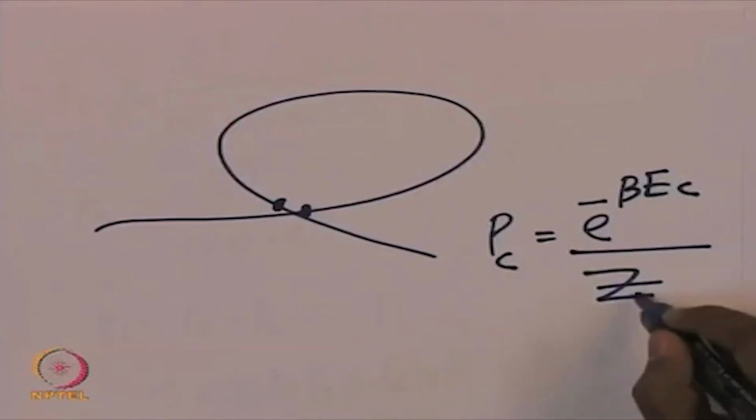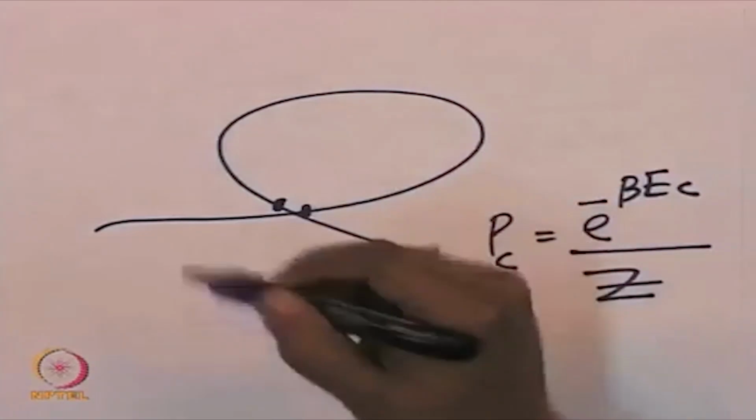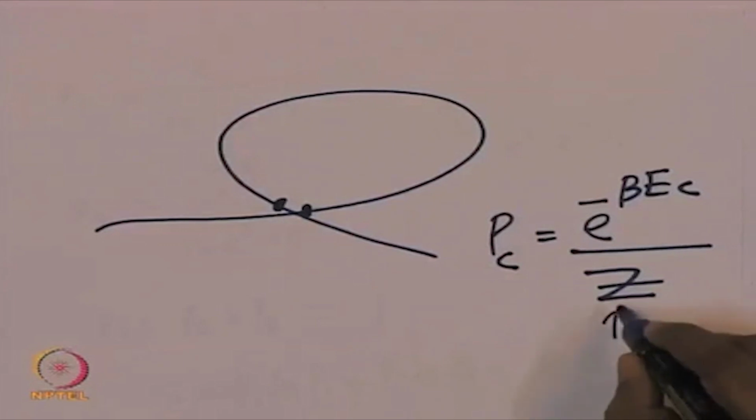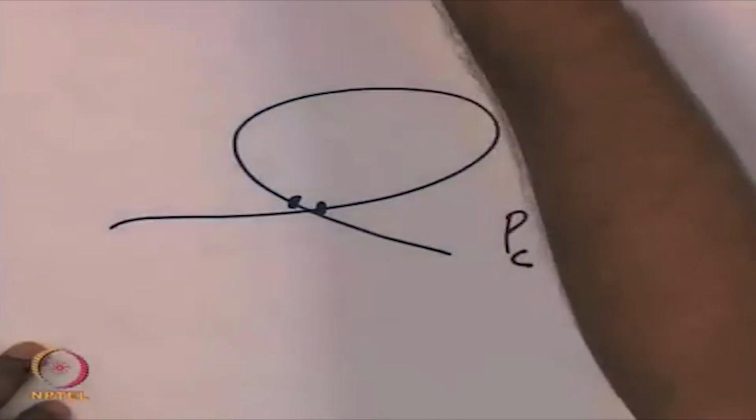So, if you know how to calculate the partition function, you can calculate the probability that the DNA has a particular conformation. So, now we will discuss how to calculate the partition function for the DNA in a given model. The simplest model for the DNA, some of you might have heard of this, is called the worm-like chain model.